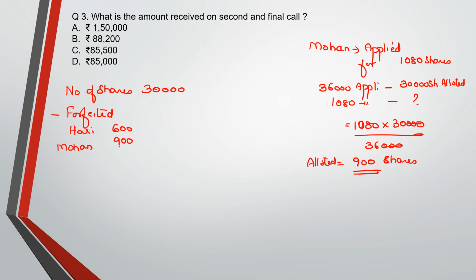They have been forfeited because he failed to pay the call money. Therefore, totally 1,500 shares have been forfeited. So out of 30,000 shares, 1,500 shares forfeited. So you are left with just 28,500 shares at the second and final call stage.